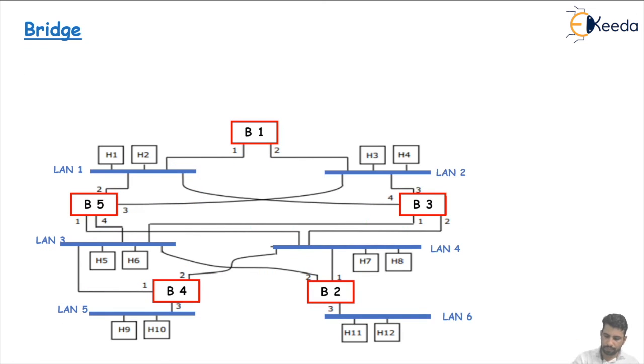Let's see this one. If we remove these parts, or you can say, if we make a clean diagram of that one, let's see how it will look. So we have 6 LANs.